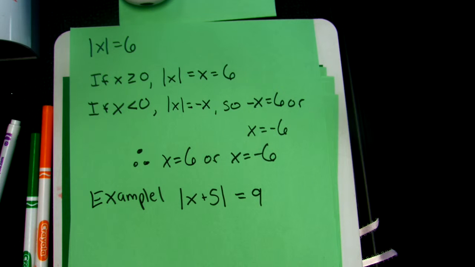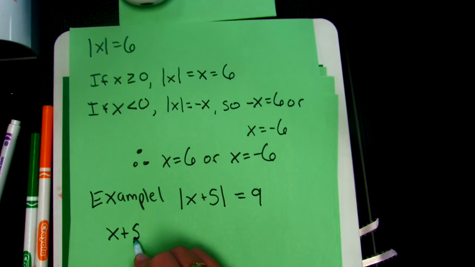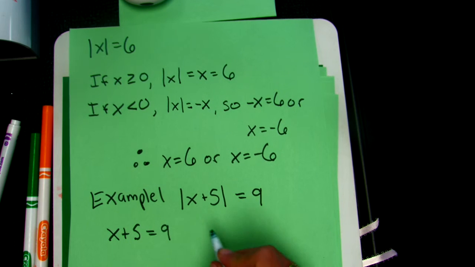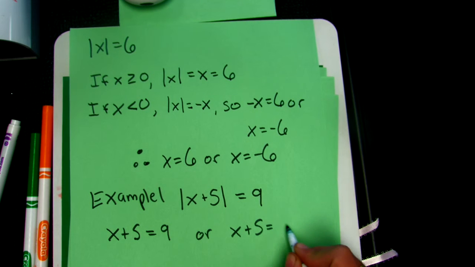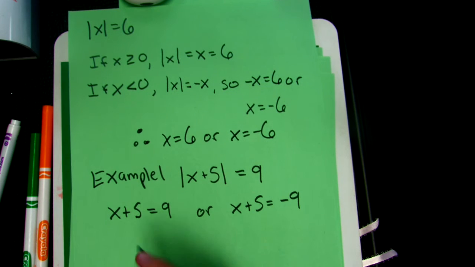So we want to use the definition of absolute value to write two equations. So either x plus 5 is equal to 9, or x plus 5 is equal to the opposite of 9, or negative 9. So then we solve for both equations.